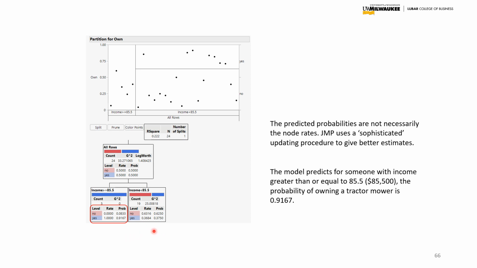Compare that with individuals with income levels less than 85.5. The predicted probability is quite low that they will own a rider tractor. This makes sense. Higher income is associated with the ability to buy an expensive item like a riding mower.